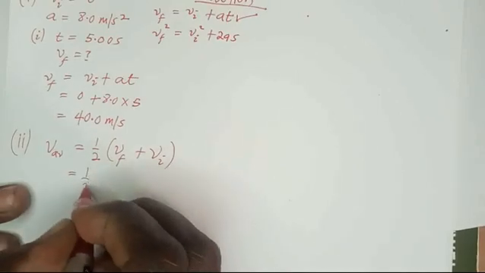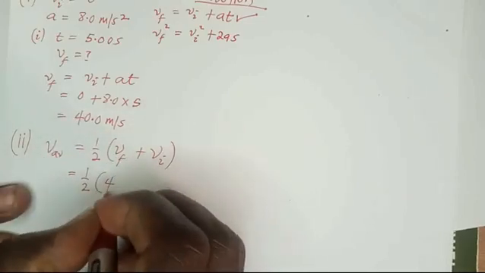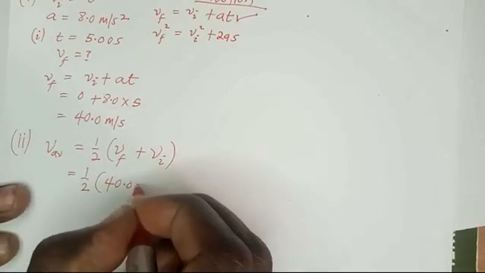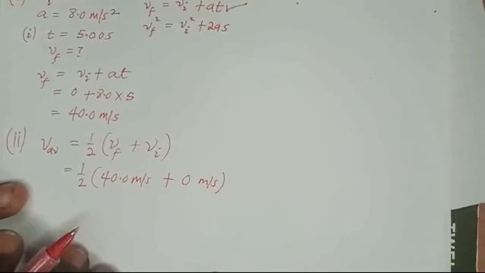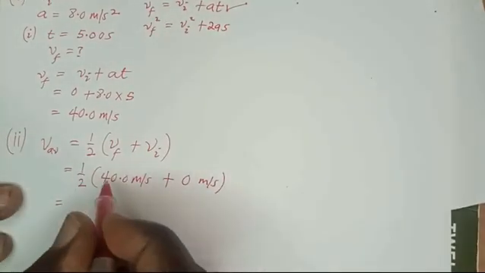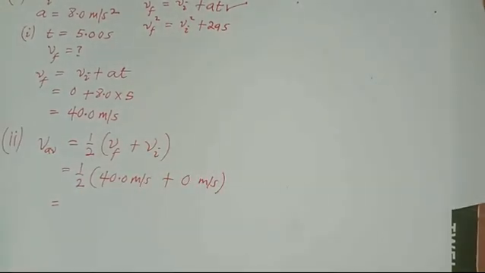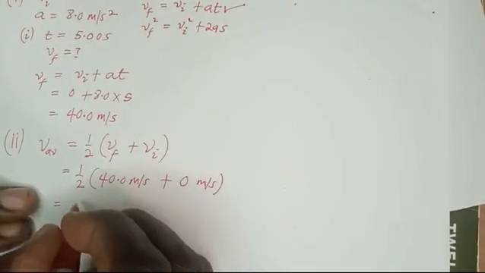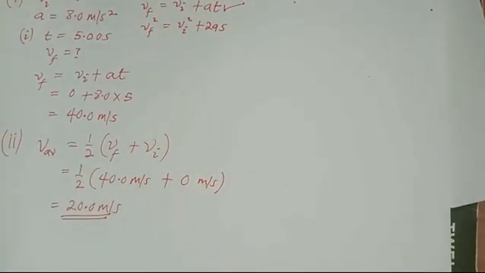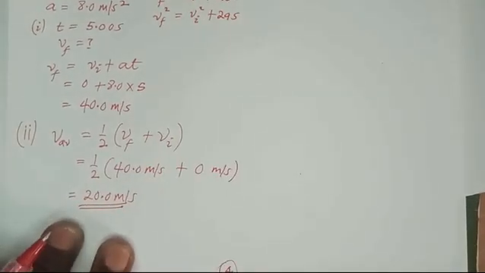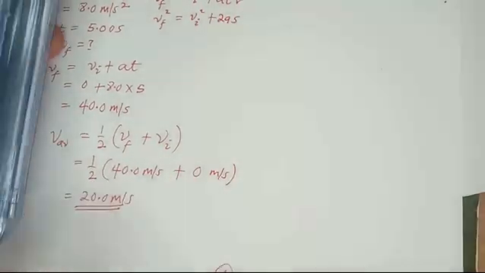This is equal to half into V final, which you just got as 40.0 meters per second, plus V initial, which was 0 meters per second. Now 40 plus 0 is 40, and then you divide it by 2. This will give you 20.0 meters per second. So the average speed is 20.0 meters per second. If you feel that you will be confused, because sometimes this may not be 0, my advice is to open a bracket, just open bracket.